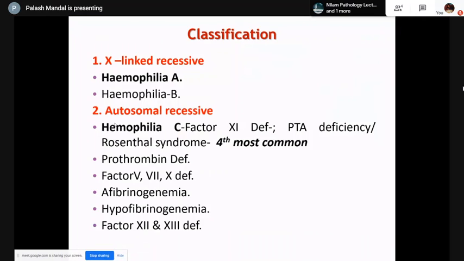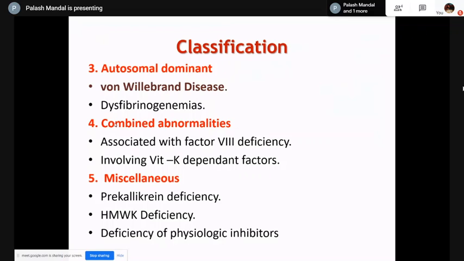Coming to the classification of coagulation disorders, we have this very important disease, hemophilia A and B, which falls under the category of X-linked recessive disorders. The second category is autosomal recessive disorders. The third category is autosomal dominant disorders. We have some combined abnormalities, and the last one is the miscellaneous category.